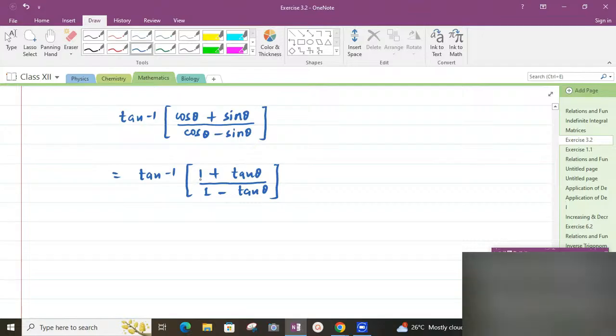So we know that the value of tan pi by 4 is 1.